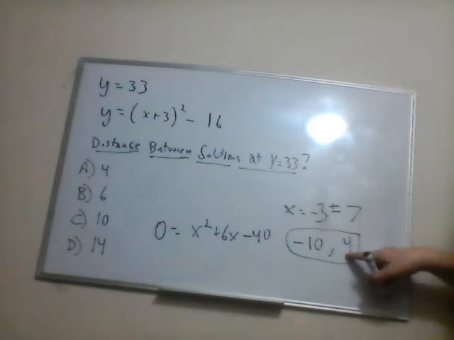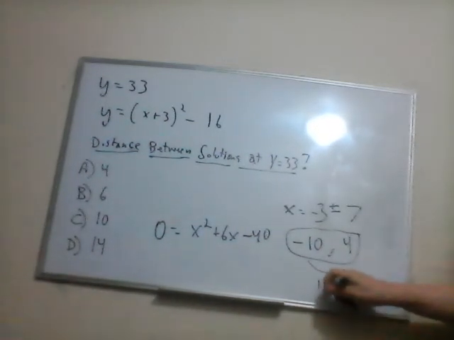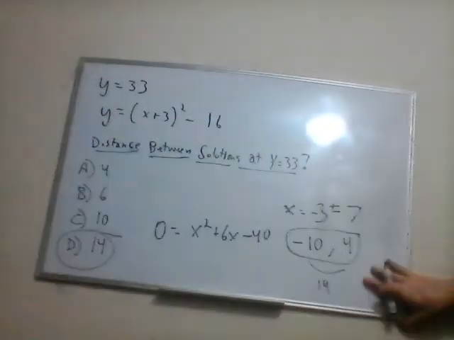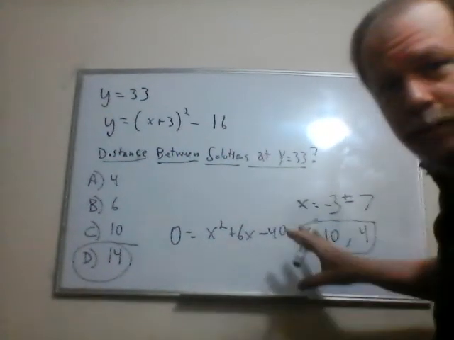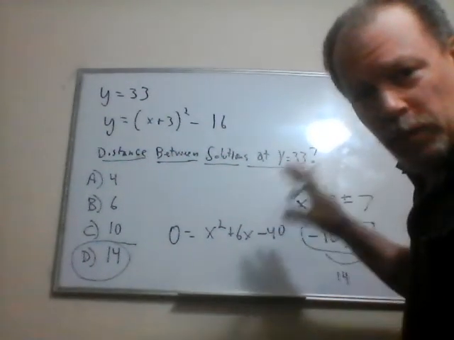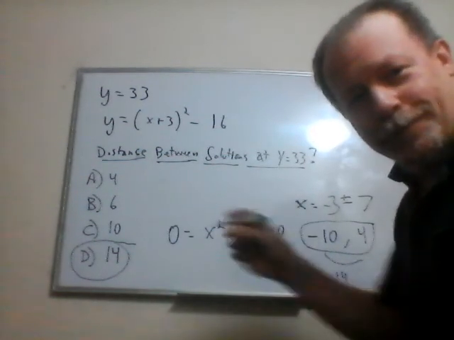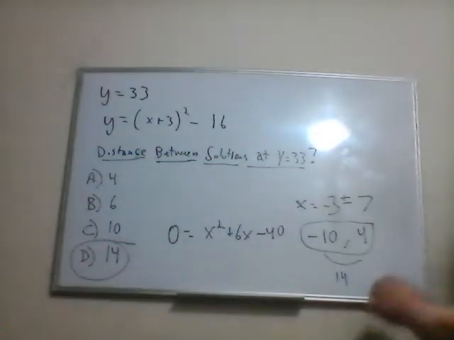Those are your points, and you can use these to calculate the distance between them, which is 14. And this is the last point that I want to make here: make sure that you're able to do this. If you're able to do this, then you'll be able to do it when you have to. If you don't have to, then you have the opportunity to not do it.